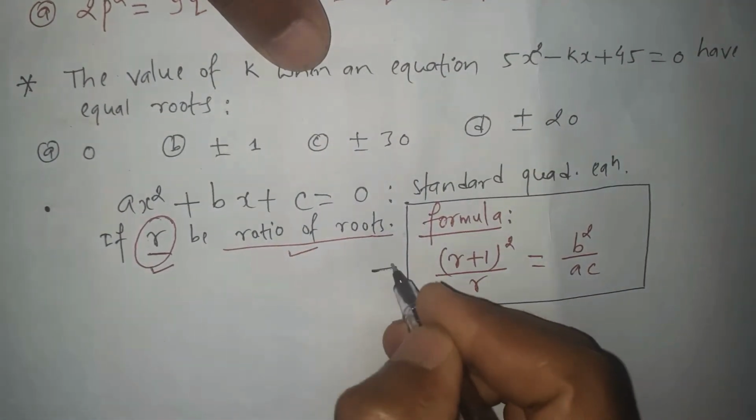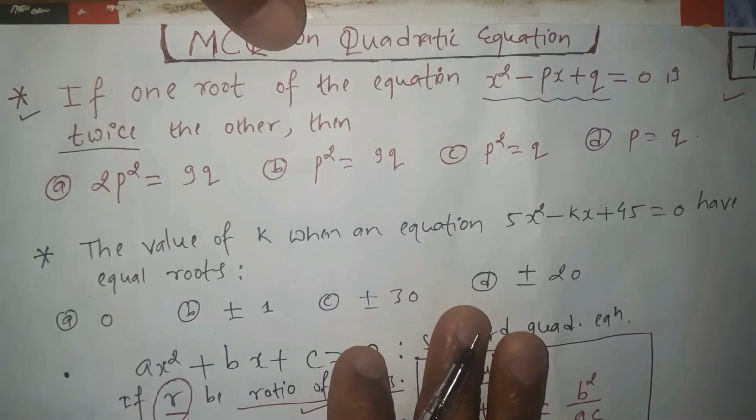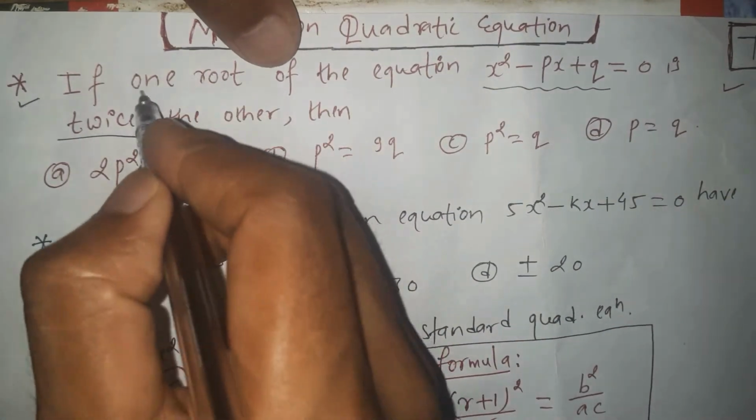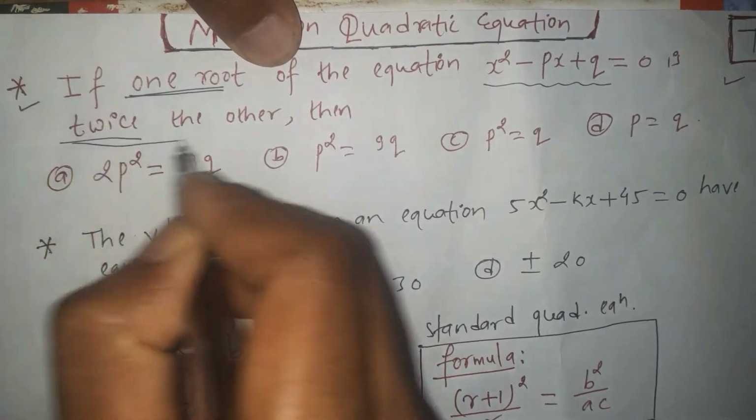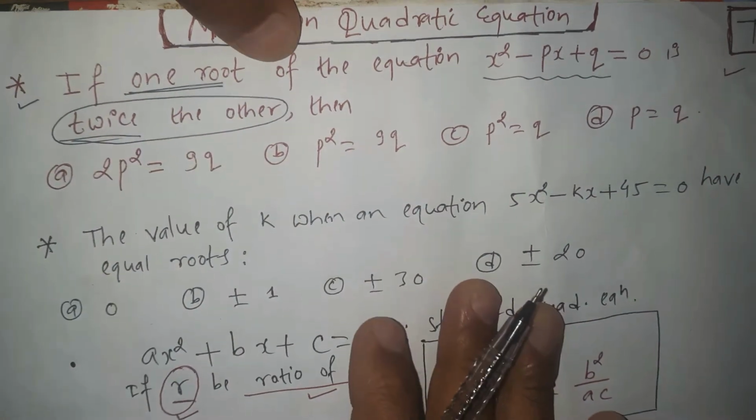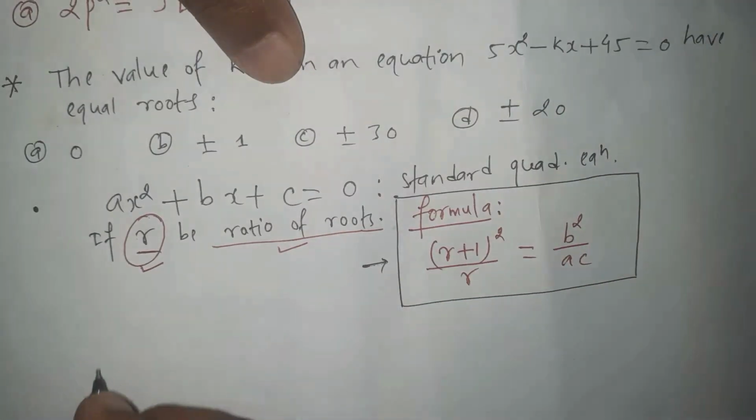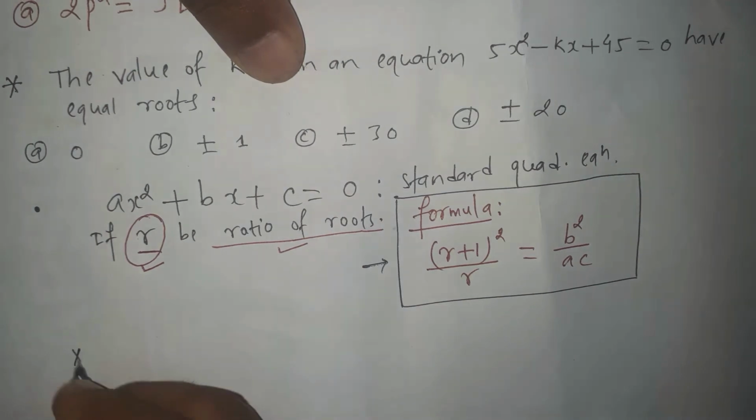Let's use this formula to solve these questions. Here in the questions, one root is twice the other. This is the given condition. Let's move to the first question.